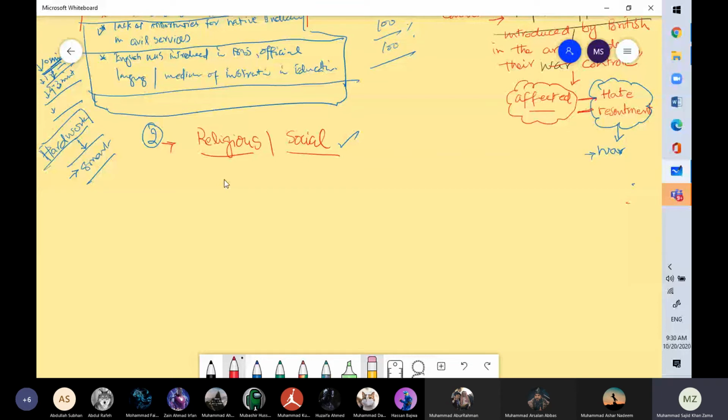Secondly, they considered Indian culture inferior, Indian literature inferior. They believed that the whole of India's culture, its literature, its way of life, its people, all inferior, and they degraded them and did not mix. That was another part, which obviously resulted in hatred from the Indian side.